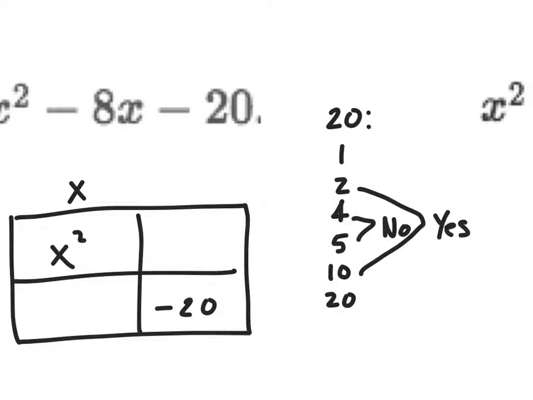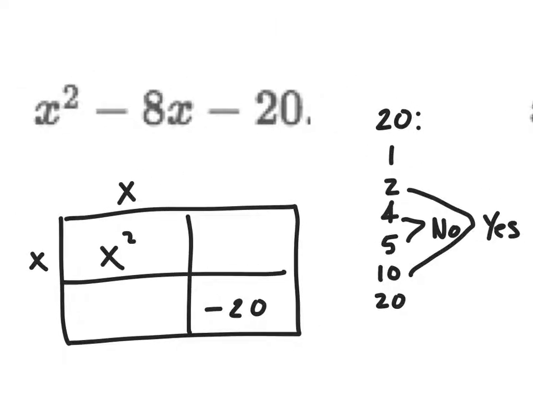This will work. Now, what you have to think about is you have to get negative 8 when you add them. So what you have to do is think, okay, if I start off with negative 10 and I put a plus 2 down here, then that should work. So if I take x times negative 10, that's going to give me negative 10x.